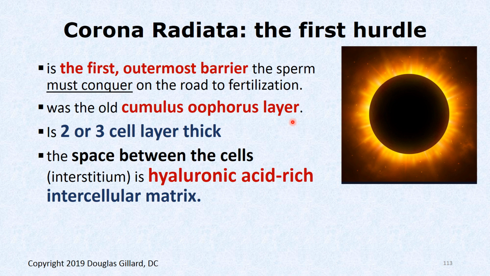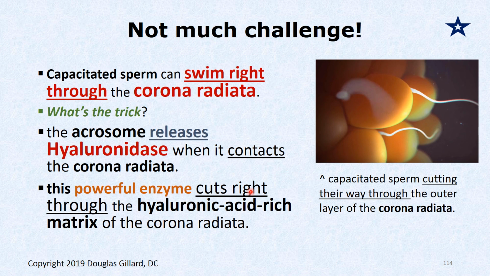The sperm has to get through that stuff. Sperm's not going to go through the cells, it's going to go between the cells. So for a capacitated sperm, not much challenge here. There's a nice picture from that movie I told you in the very first lecture you should watch. Incredible animation. Not deep enough, though, for us.